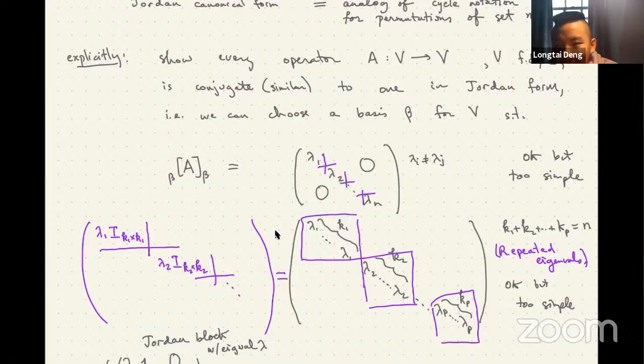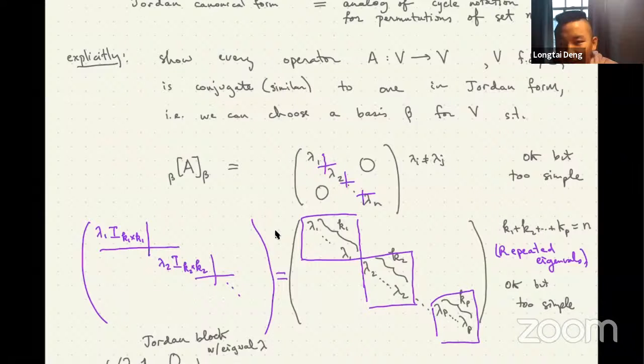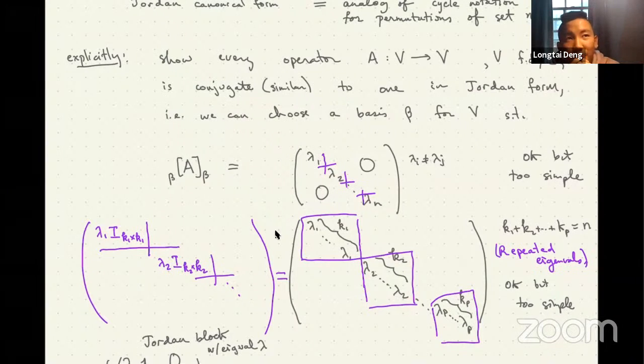It's just zero. And what about the identity operator? So you see that the basis is not unique. There are many bases that you can use to put something in Jordan form. Right. But there will only be one eigenvalue associated with each Jordan block.